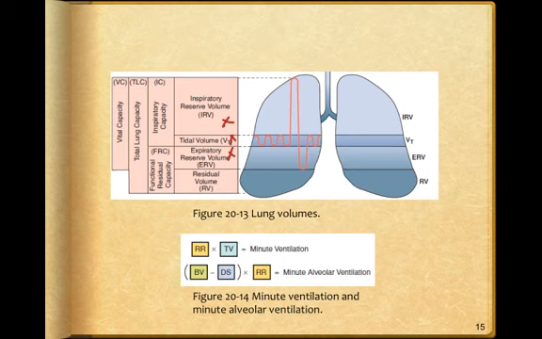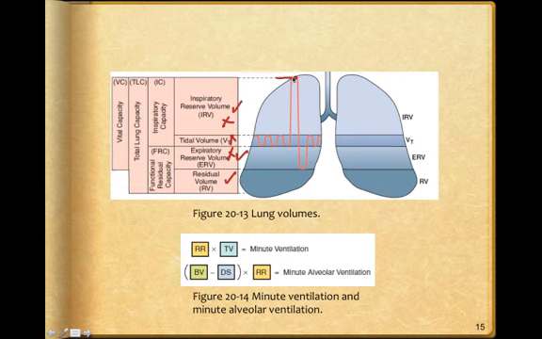Total lung capacity is the sum of the residual volume, the expiratory reserve volume, and the inspiratory reserve volume.